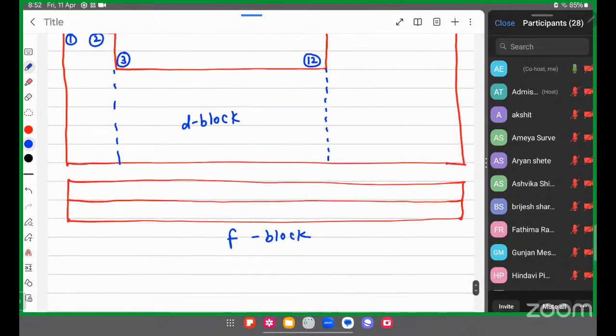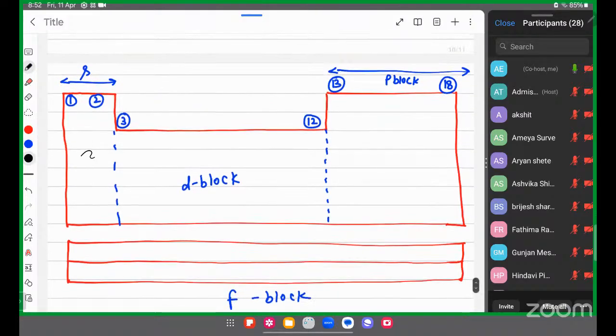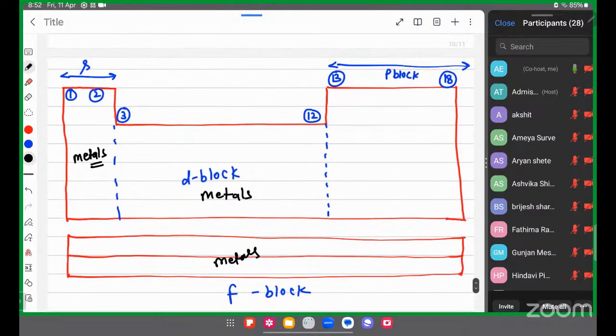Some important points about the S block, P block, D block, and F block. In the S block, we have all elements as metals, except hydrogen. In the D block, all elements are also metals. In the F block, all elements are also metals. The interesting point is about the P block. The P block is the only block which has all types of elements.